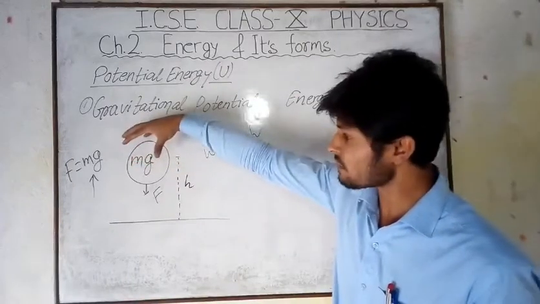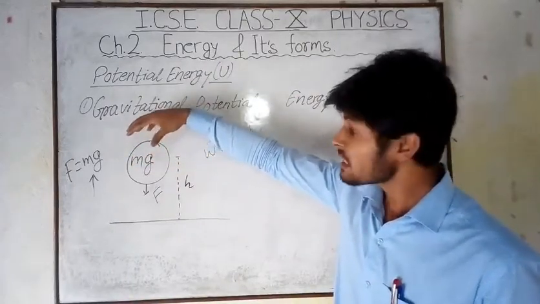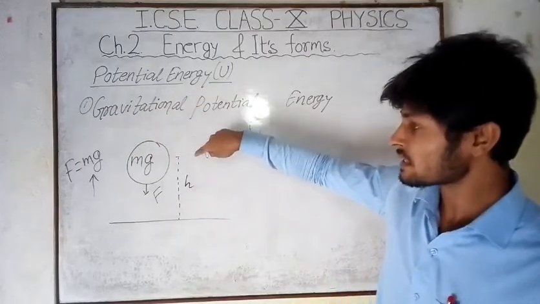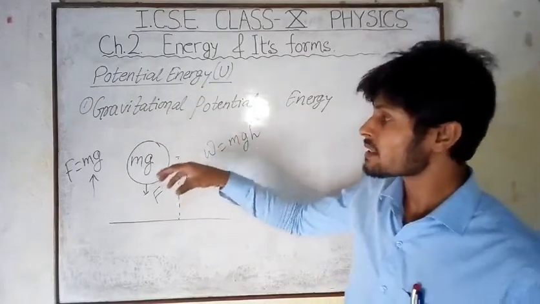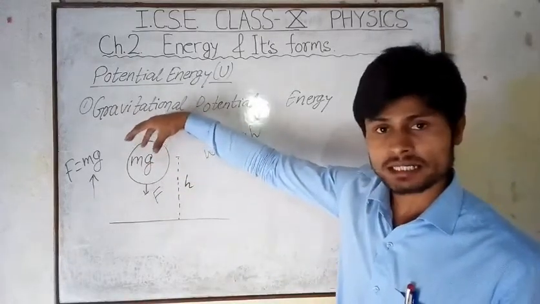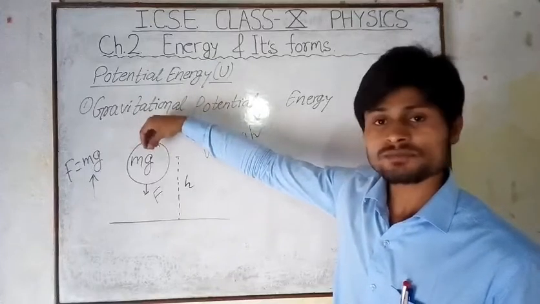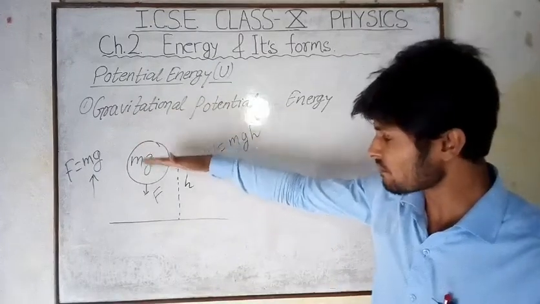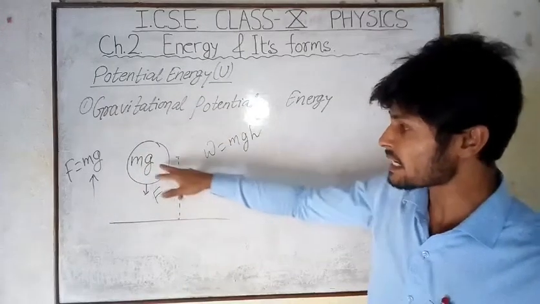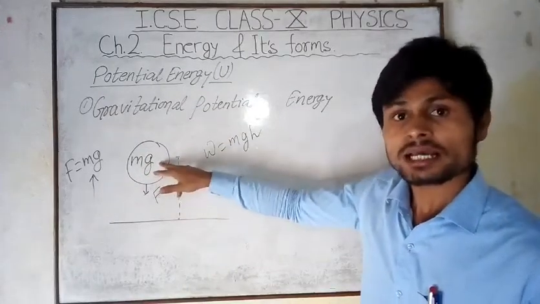So there is always a force which maintains its rest position at that height, and because of this the object has constant potential energy at the height. Now whenever this force is released, the object starts to fall down. Then as it falls down, the height decreases and its potential energy also decreases.